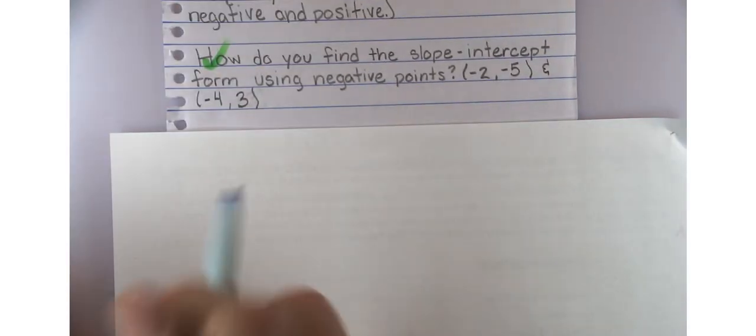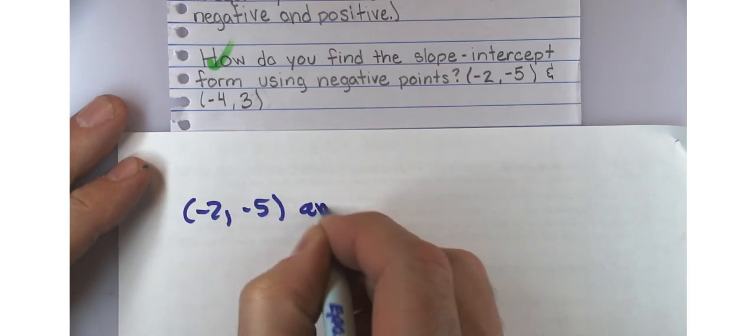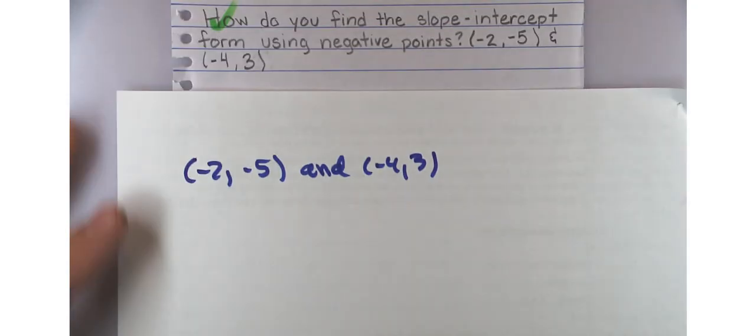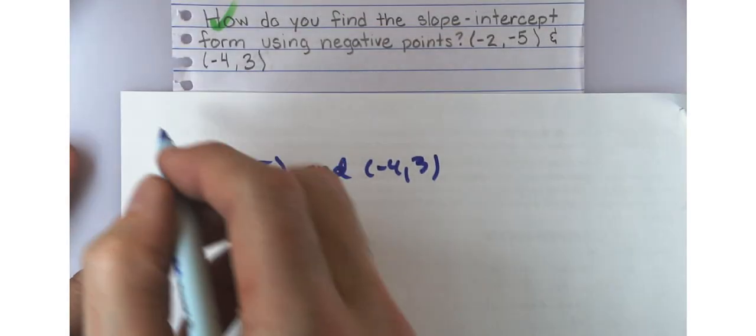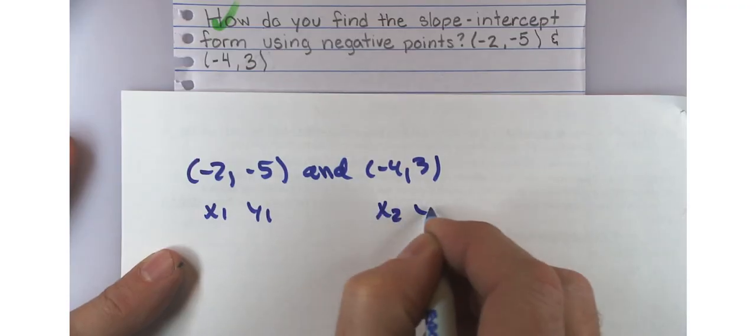All right, so here's our 2 points, -2 and -5, and -4 and 3. For no particular reason other than just my whim, I'm going to call this x1, y1, and this is x2, y2.